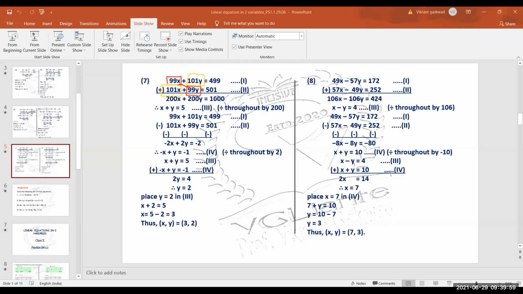So the coefficients are interchanged. When the coefficients are interchanged, first you have to add the two equations. So 99 plus 101 is 200x and 101y plus 99y is 200y.